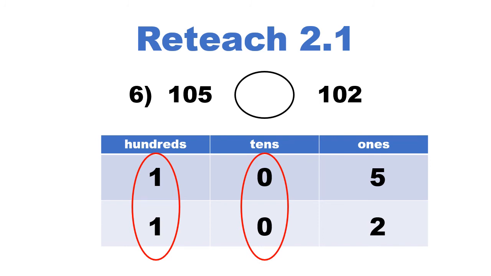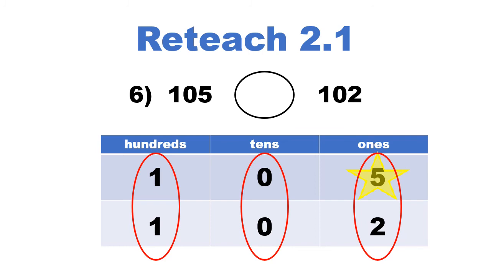But here again, 0 is equal to 0, so we have to move to the next place, which is the ones. Which of those numbers is the greater number? That's right, it's 5. So that knowledge is going to help you place a symbol into the circle for number 6. And we'll check it in just a moment.